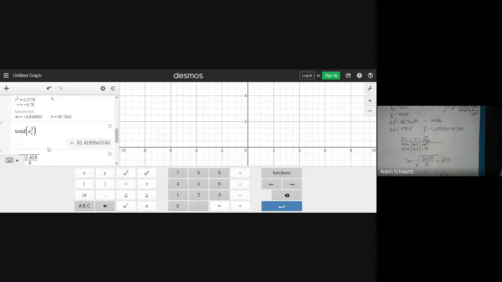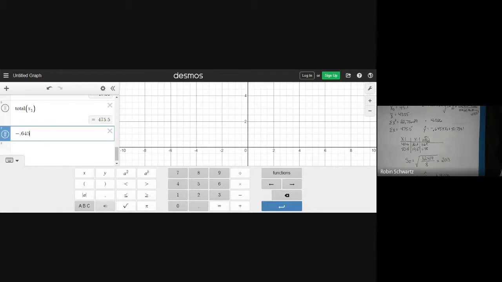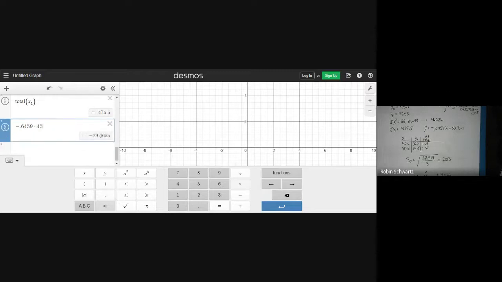So now I am going to type in negative 0.6459 times my 45.1 plus b value was 50.7341.